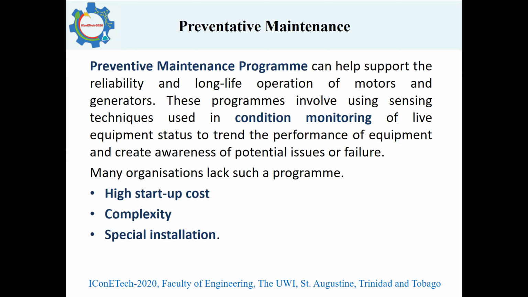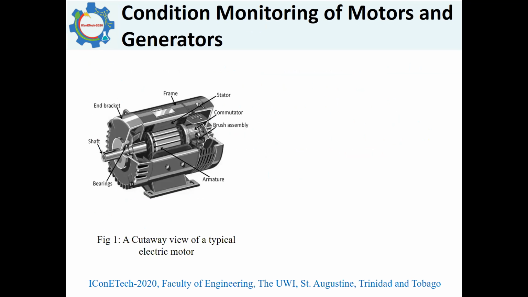You're using equipment that requires wireless communication. So you are going to have a high startup cost, and that deters most people. And also it has some complexity in those types of wireless systems, and I know that from my experience working with wireless systems. And these systems usually require some kind of special installation. So all these factors deter people away.